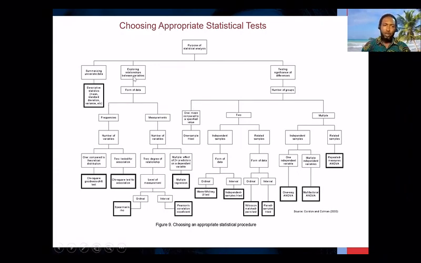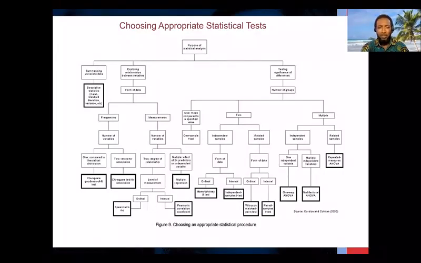Now let's go to the second one, which is exploring the relationship between variables. You want to look at the relationship between variables, either one, two, or three. But the first question you ask is, are they categorical variables or continuous variables?